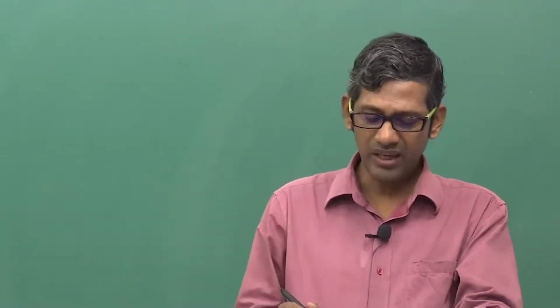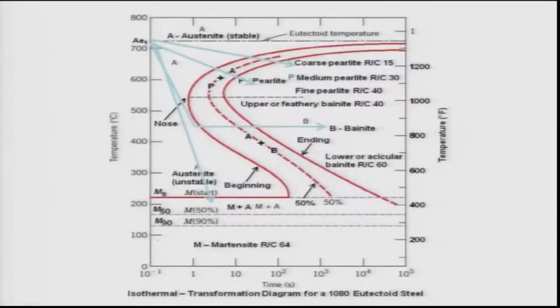As you see, there are three lines here: MS, that is the martensitic start; M50, where 50% martensite forms; M90, where 90% martensite forms. Remember, martensitic formation leads to a lot of strain in the matrix, elastic strain and plastic strain, and these lead to an increase of the energy of the system.